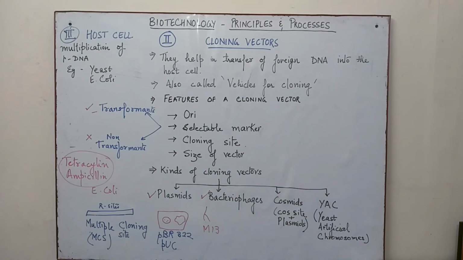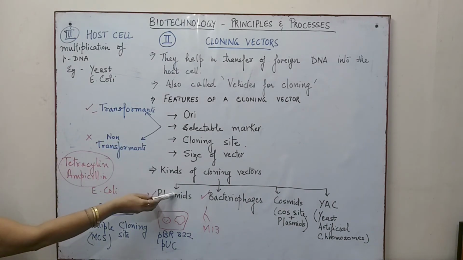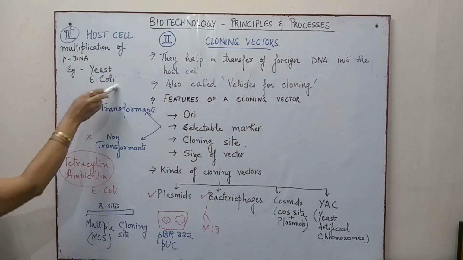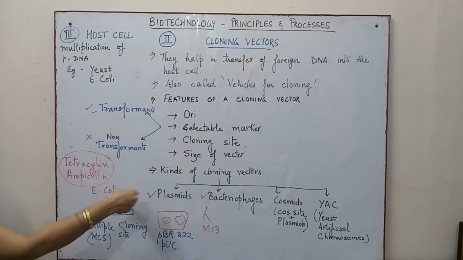Now, the advantages of using E. coli are it is easy to culture under lab conditions, because sterile conditions need to be maintained. Then it can accept a wide variety of vectors, which is very important because different vectors are being used and will be introduced into it.